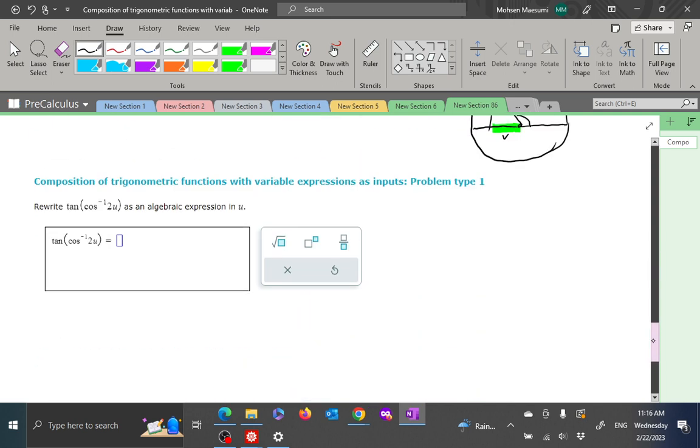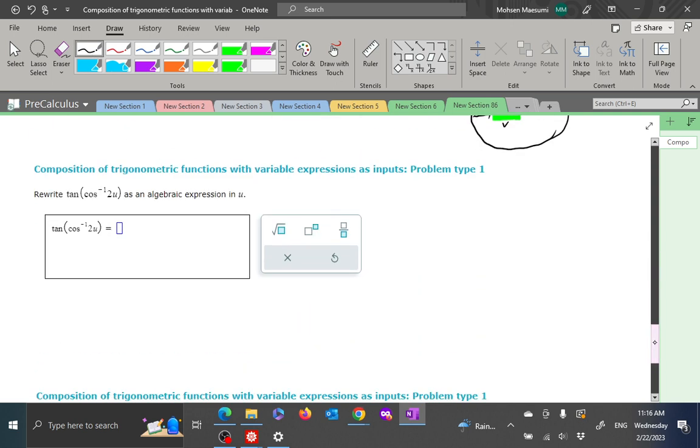We have one more problem. Tangent of cosine inverse of 2u. So we learned that it's best to first approach the problem of what is tangent of cosine inverse of, and let's just concentrate on one single simple variable, cosine inverse of w.